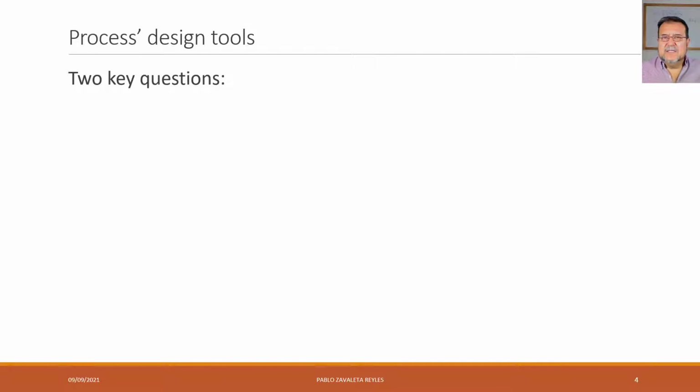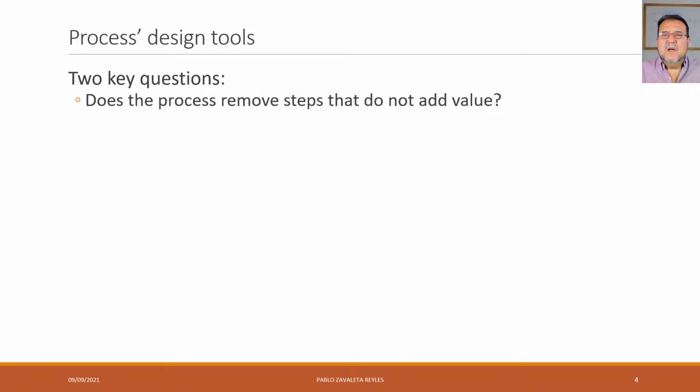There are two questions here. The first one is, does the process remove steps that do not add value? We must always strive to make sure that our processes add value to the product or service. If they do not, those steps that do not add value must be taken out.